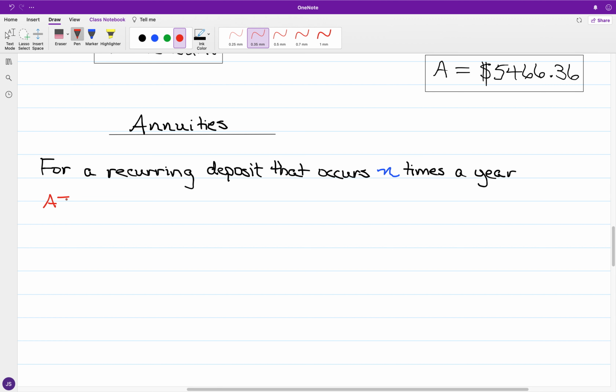At the end of each cycle, we have money going into an account that draws interest.